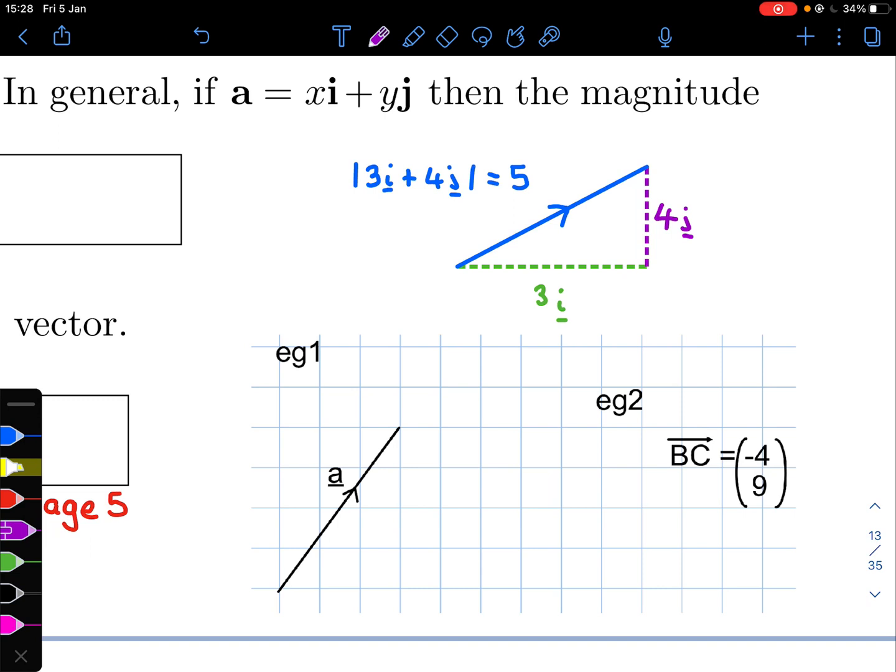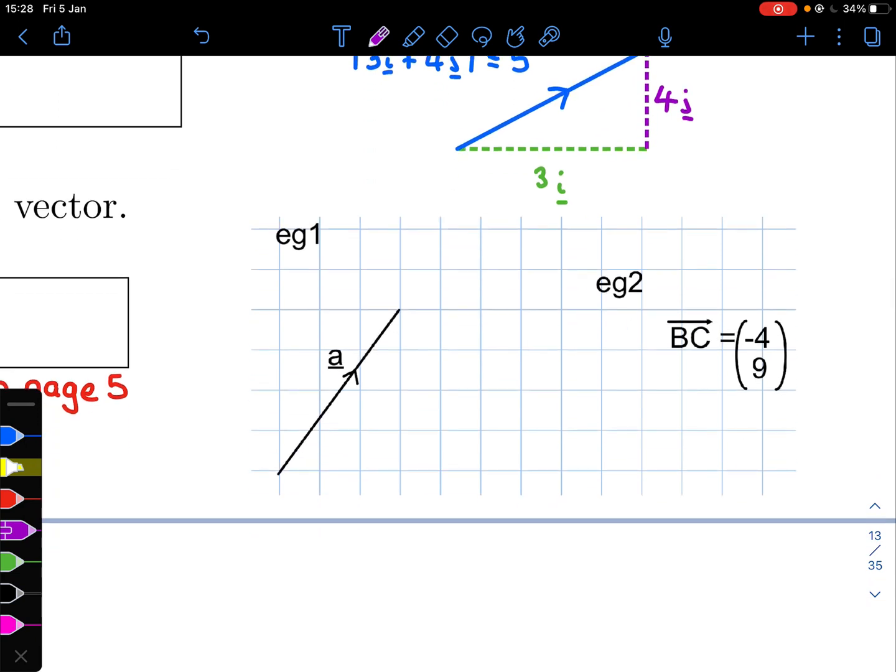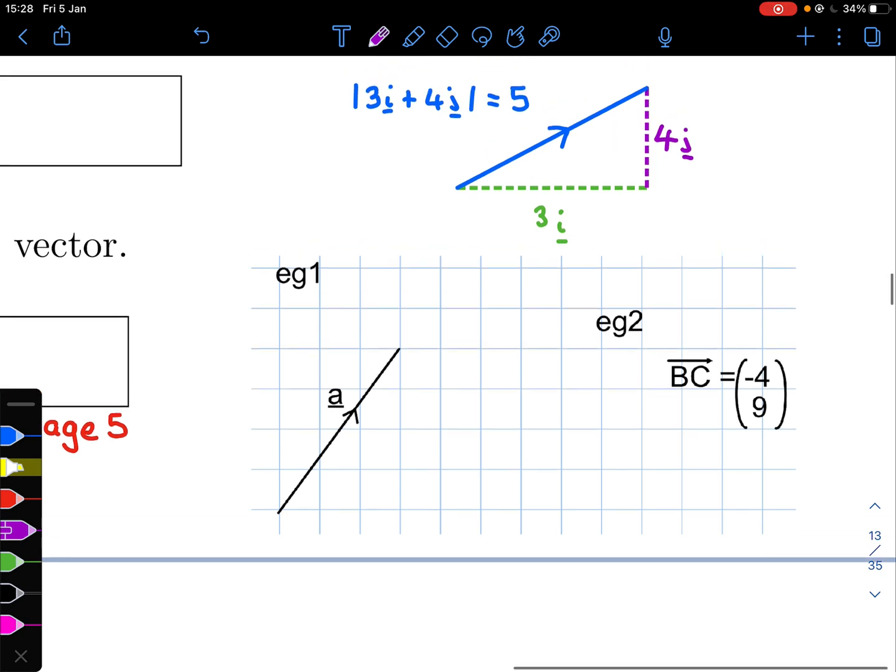Pythagoras, 3 squared plus 4 squared is 25. Square root 25 is 5. So that vector has length 5. And that's vector A underneath. 3 to the right, 4 up. Pythagoras tells me that the magnitude of A is 5.